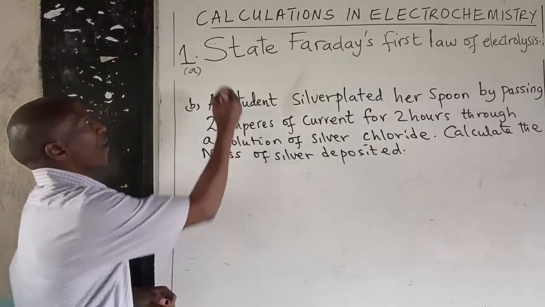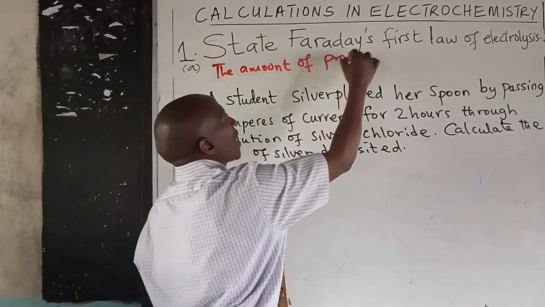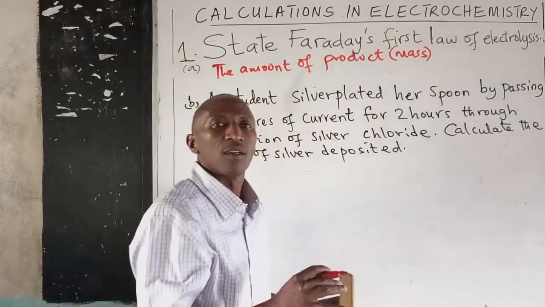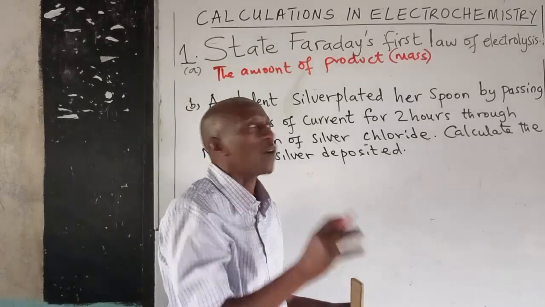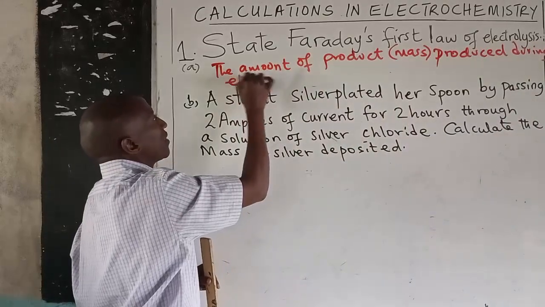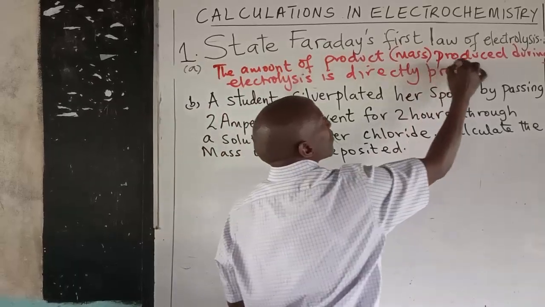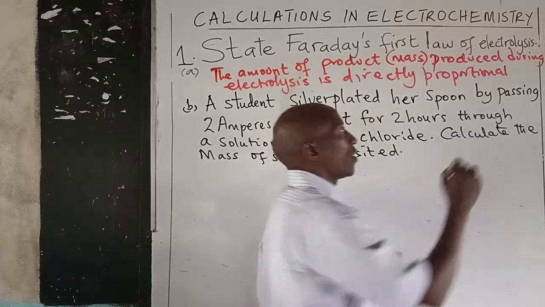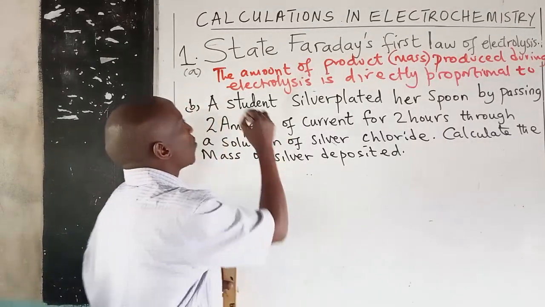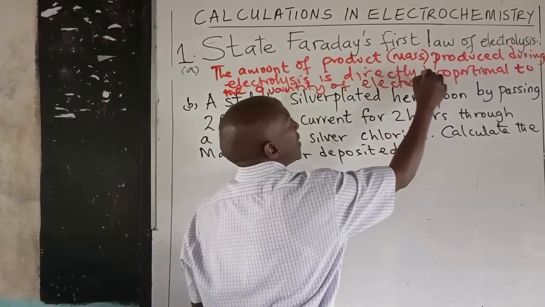It states that the amount of product, in terms of maybe the mass, it could also be volume if it is a gas, but that is a measure of the amount produced during electrolysis, is directly proportional to the quantity of charge, the quantity of electricity passed.